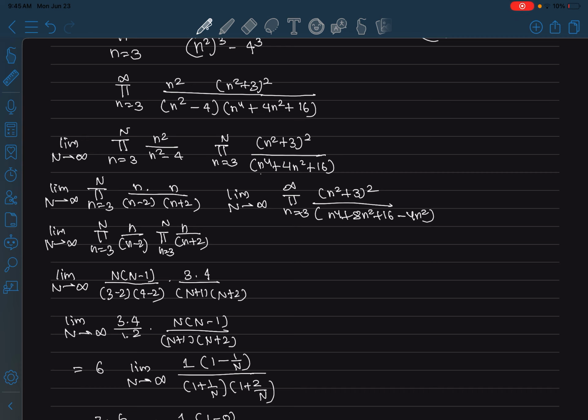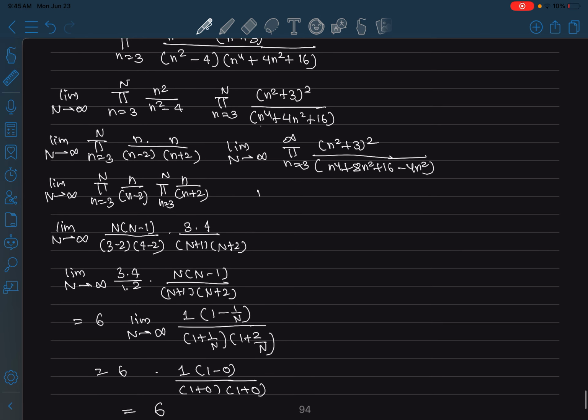After that, we have limit capital N goes to infinity, product from n equals 3 to capital N. Now this becomes n square plus 3 square by, now this becomes n square plus 4 whole square minus 2n whole square, right?